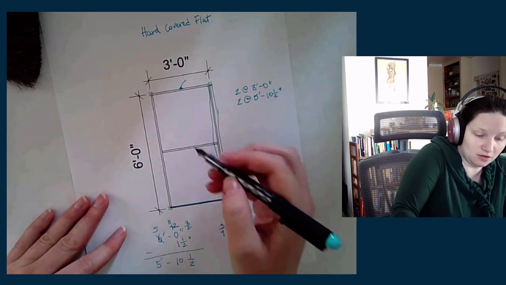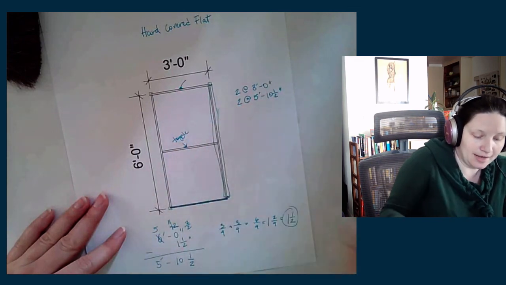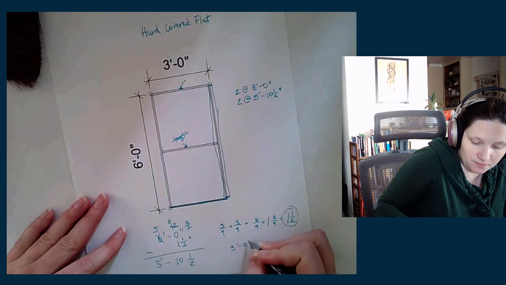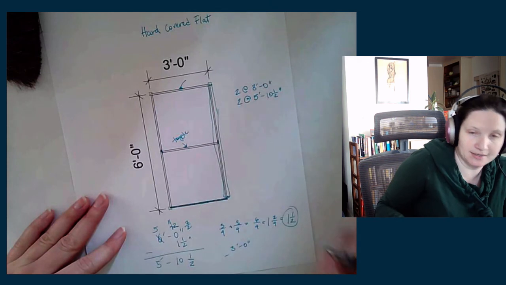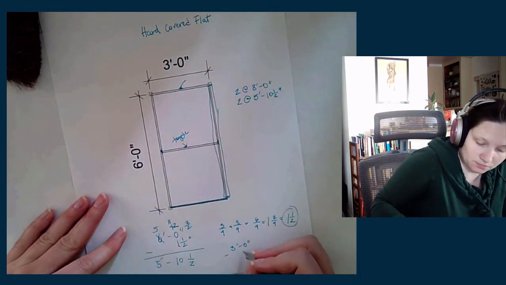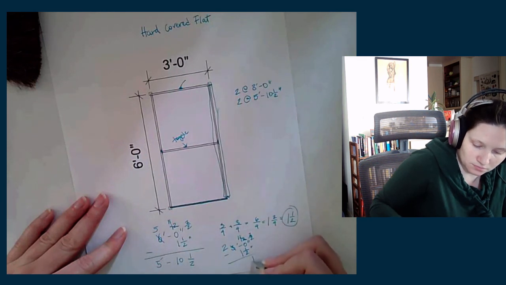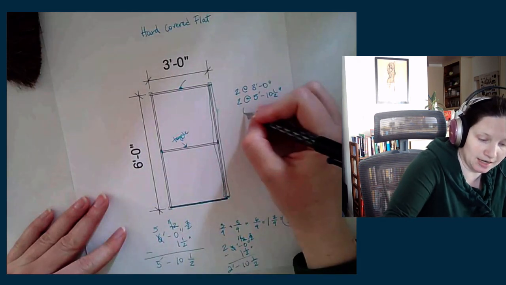And then we have a toggle, once again, here in the center. And that toggle is going to be the 3 feet minus 3/4 plus 3/4, minus 1.5 inches. Two foot, 10 and a half inches.